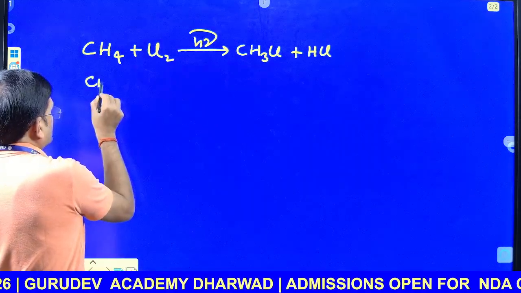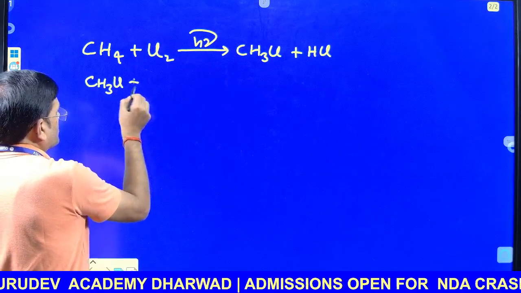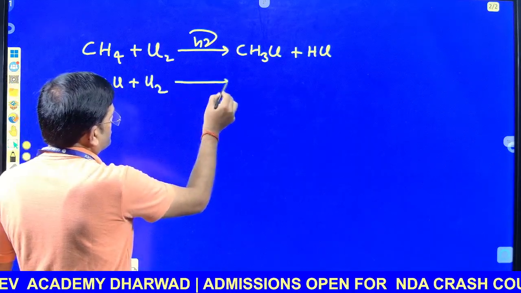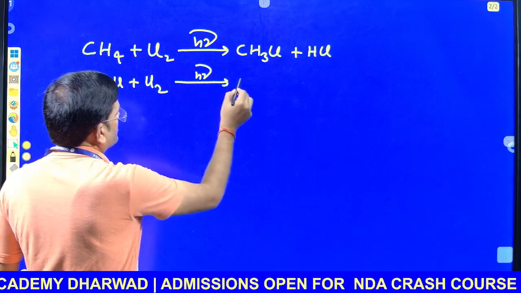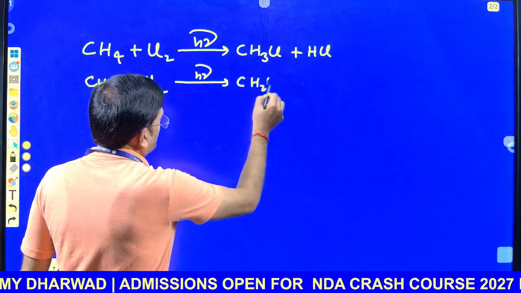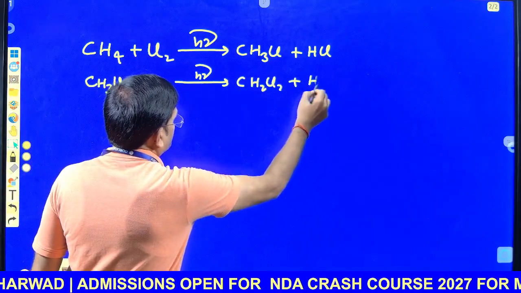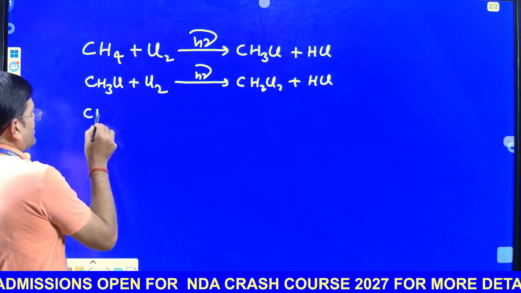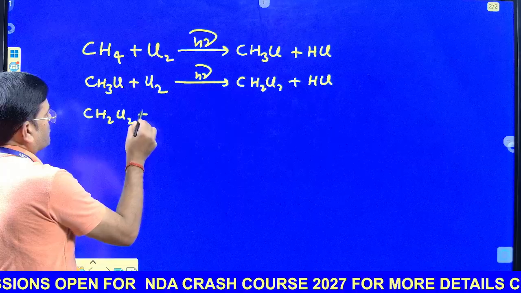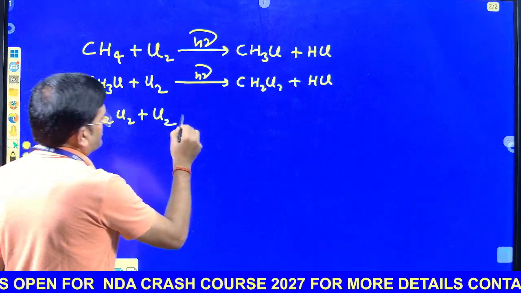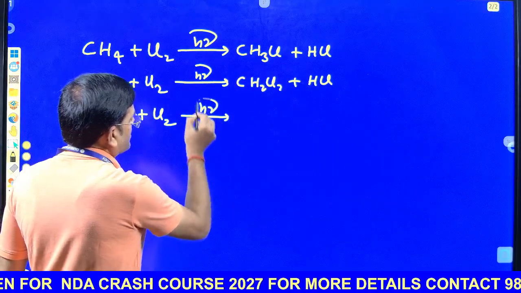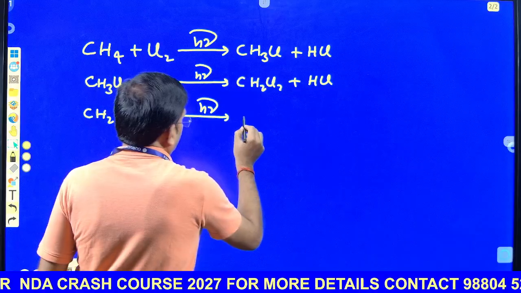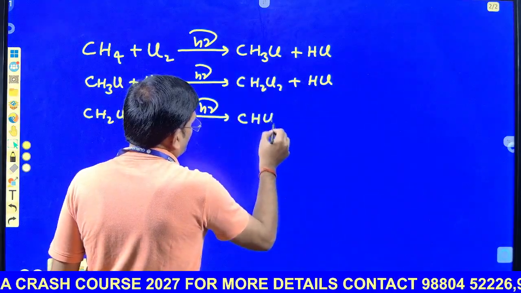Now this CH3Cl undergoes further substitution to give dichloromethane plus HCl, and this dichloromethane further reacts with chlorine to give trichloromethane.